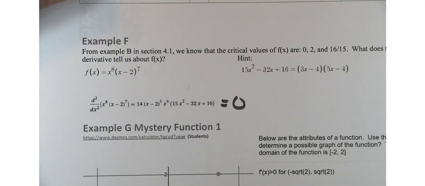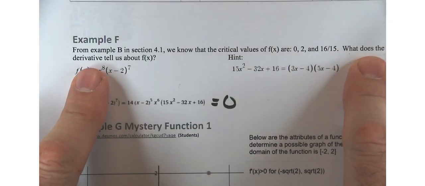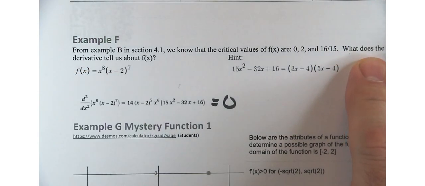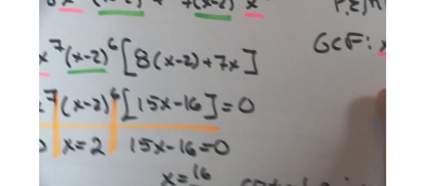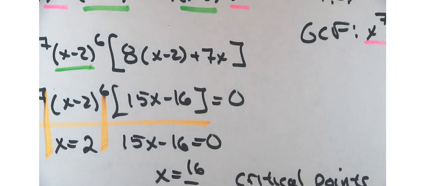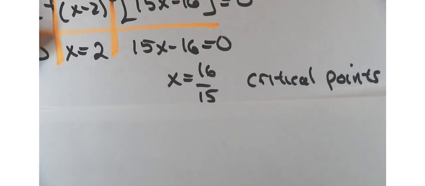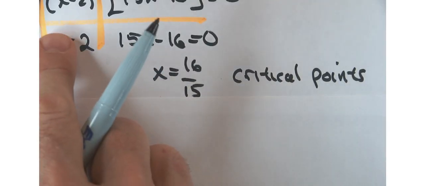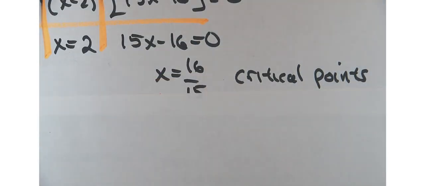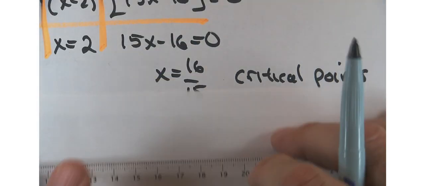Now, the question that's being asked in this is, what does the second derivative tell us about f of x? Let me get to that as we look at our critical points. And we'll talk about something called the second derivative test. What you'd want to do with your critical points is help set up a little chart here so we can look at the graph.